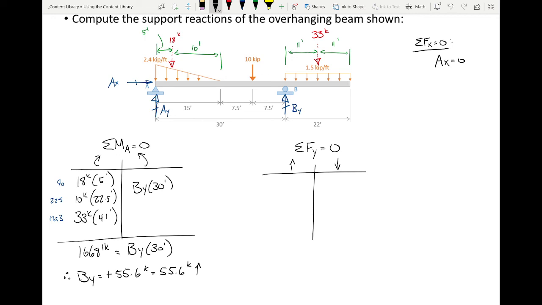Okay, so what do we got? We got AX. We don't consider that, so it's going left or right. We've got AY and BY going up, and we know what BY is.